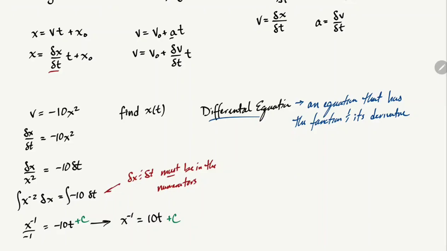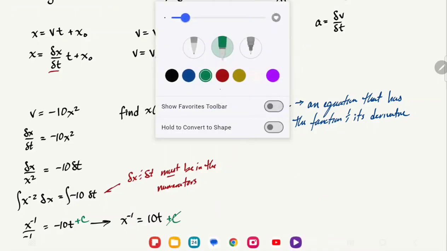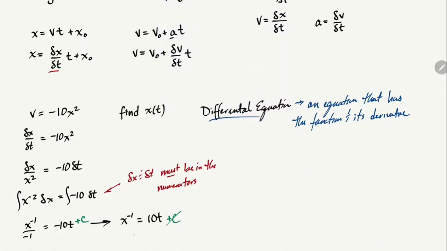But for the most part, we ignore it. So don't worry about it. This means that our final equation is this right here. And we've written your position in terms of time. So that's basically the answer we're looking for. Like I said, unless they want to go super specific and have you figure out that plus c element. But yeah, that's it.